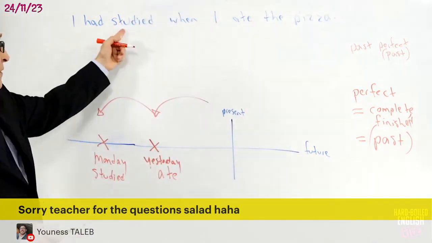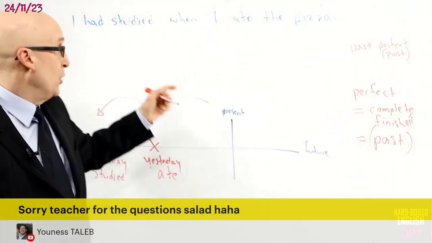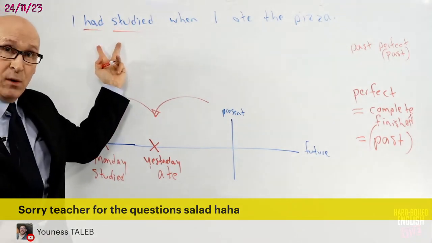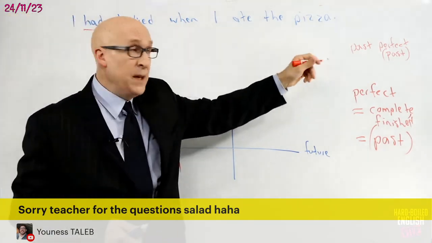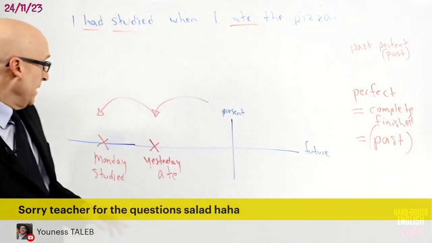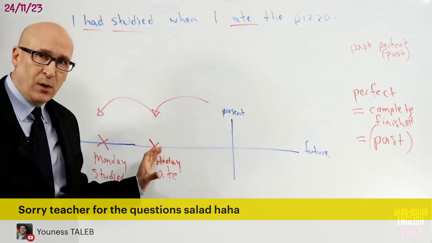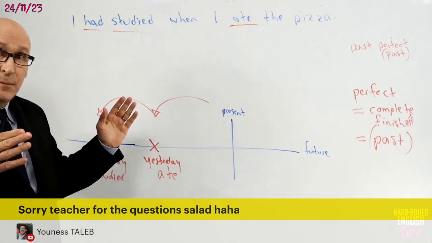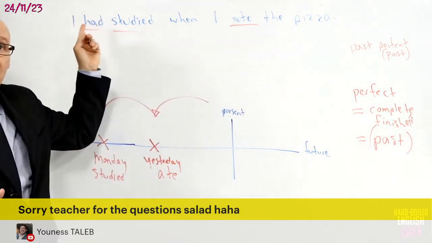So here's past perfect. Remember what it means. It means past, past. So that means both verbs, the helping verb and the main verb, are in past form. Had studied when I ate the pizza. Right? So I had studied when I ate the pizza. So we're focusing the idea on the first action. When I ate the pizza, at that moment, what was true? It was true that I had studied.